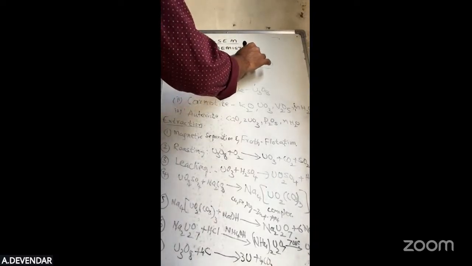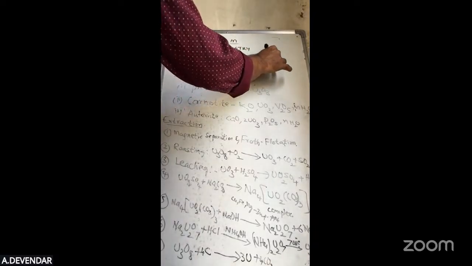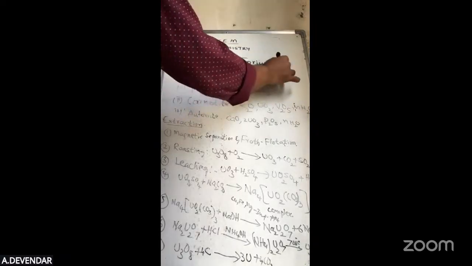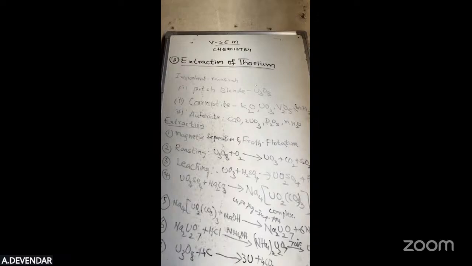And third is extraction of the thorium. So what are the important minerals of thorium? Thorium has important minerals: monazite, thorite, uranothorite.